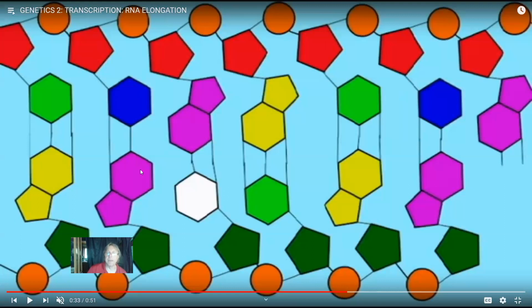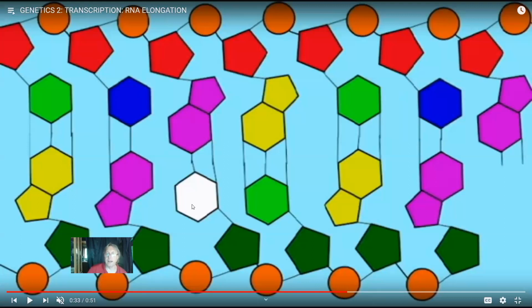So notice that this pink adenine is binding to this blue thymine. And then here, the same thing, that pink adenine is binding to thymine. And so this is not a random sequence. It is the sequence of the DNA nucleotides which is determining the sequence of the RNA nucleotides.